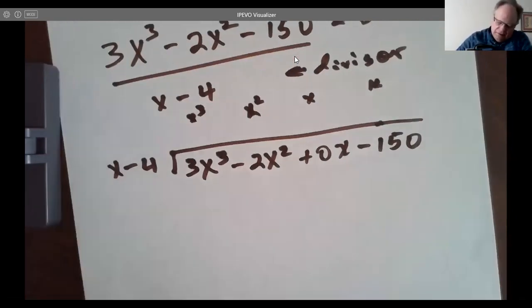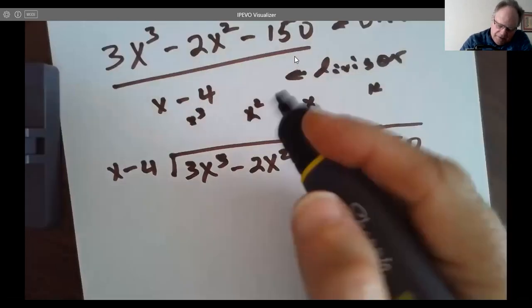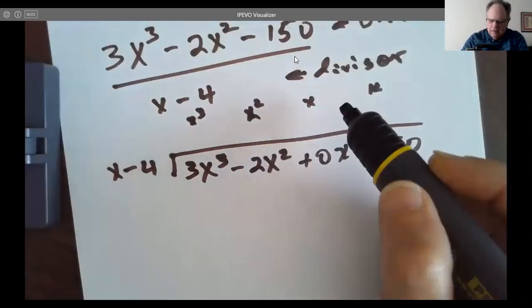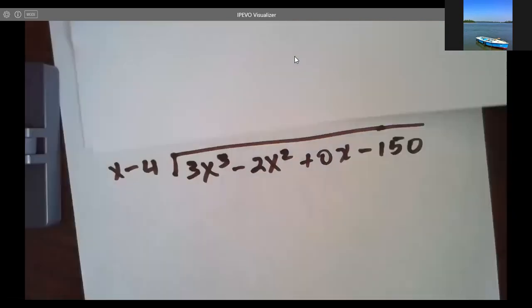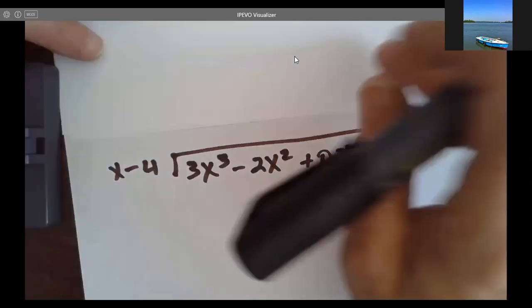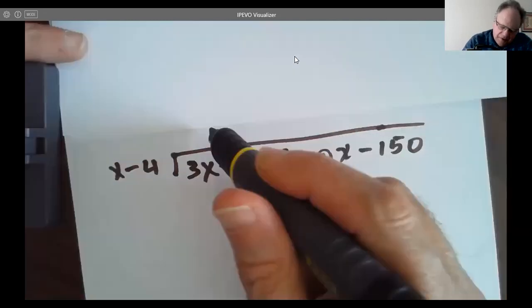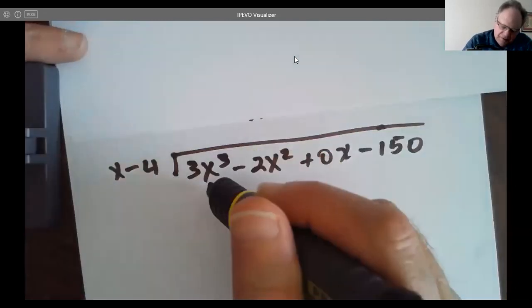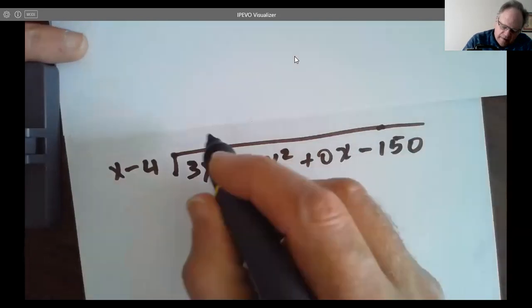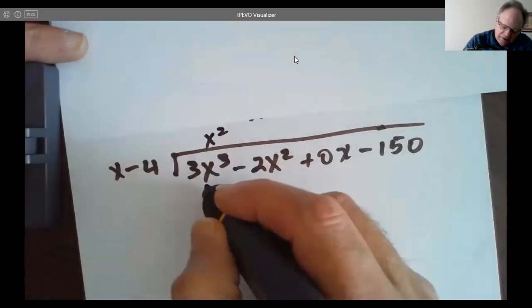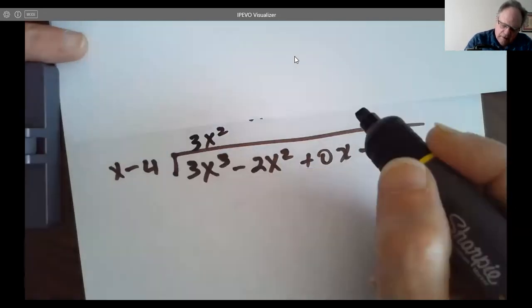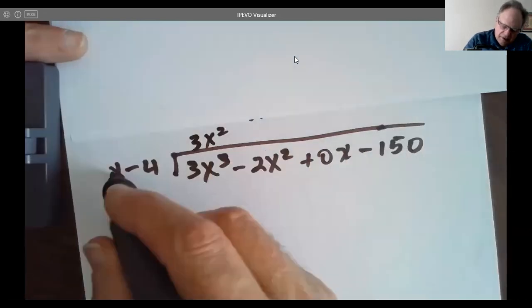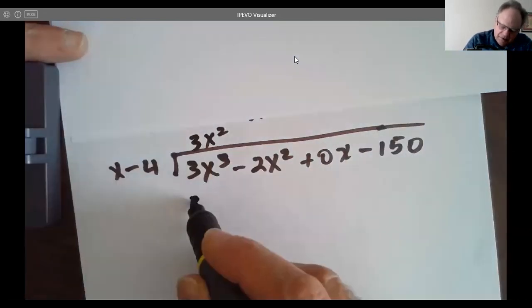All right, so we ask ourselves, what times x will give us 3x cubed? Well, x squared times x will give us x cubed. And if we put a 3 in front of that, 3x squared times x will give us 3x cubed.